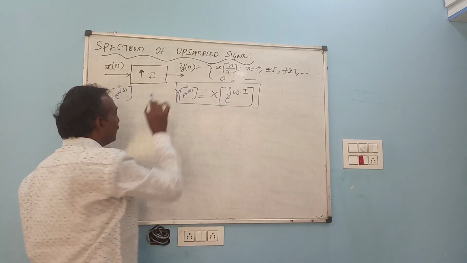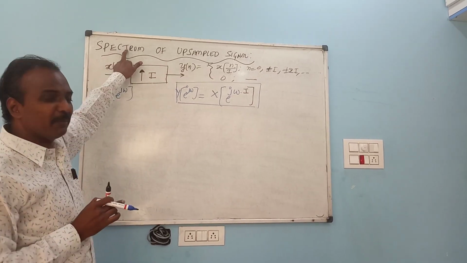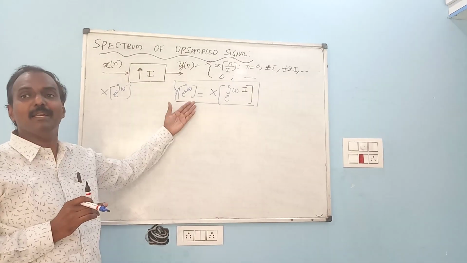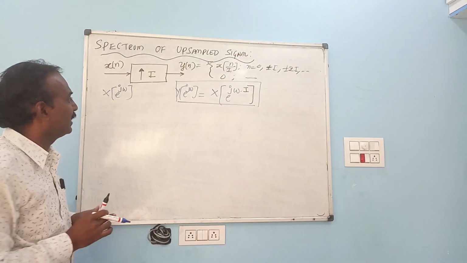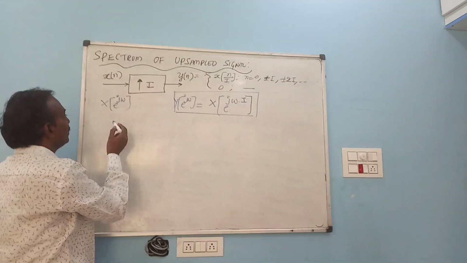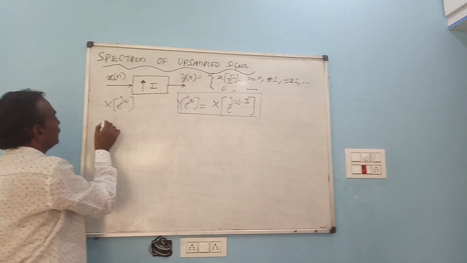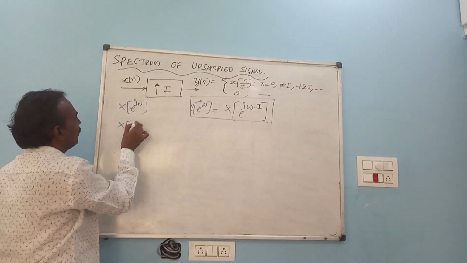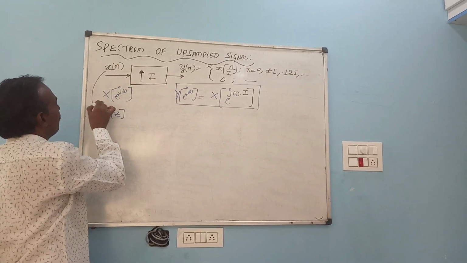This is very simple. Unlike the downsampled spectrum, the spectrum of the upsampled signal is only just 4 lines. So we know X of z is the z transform of x of n.